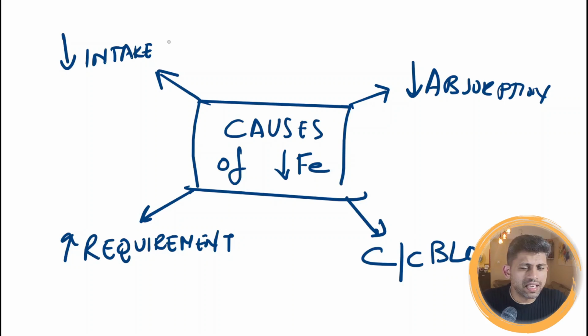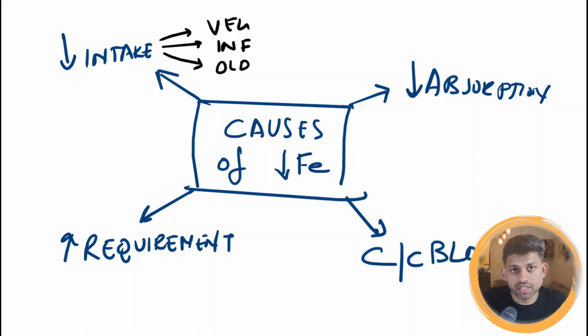Reduced intake can be seen in vegetarians or infants fed on breast milk, as breast milk is a poor source of iron, or old debilitated patients who are not getting adequate nutrition, or due to poverty where the quality of food may not be adequate.